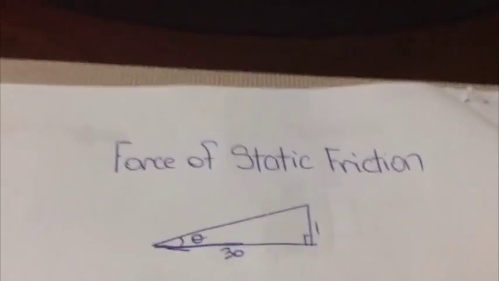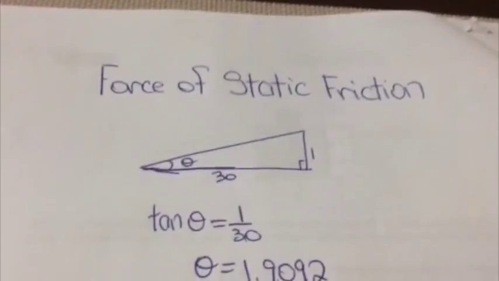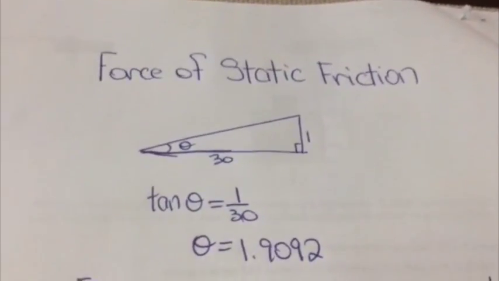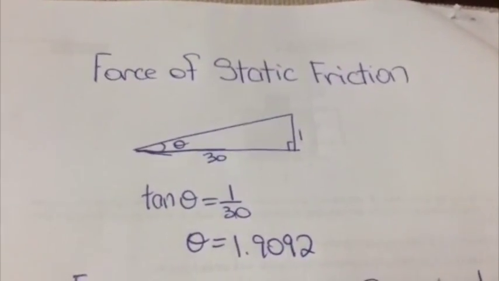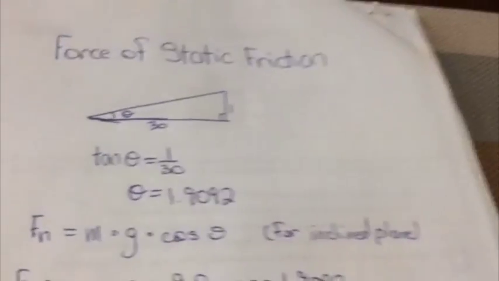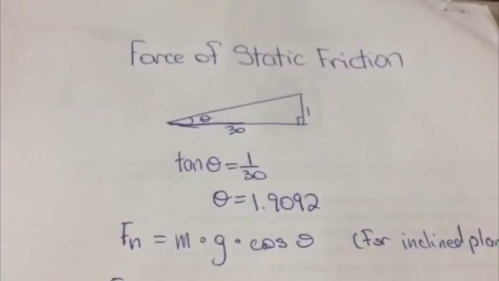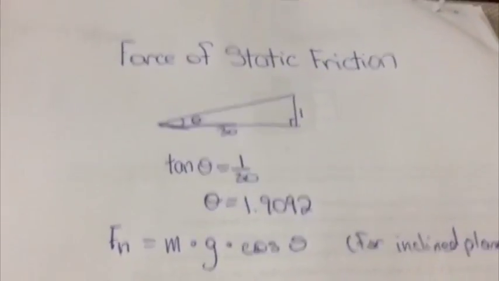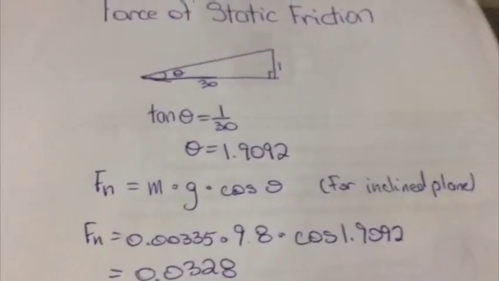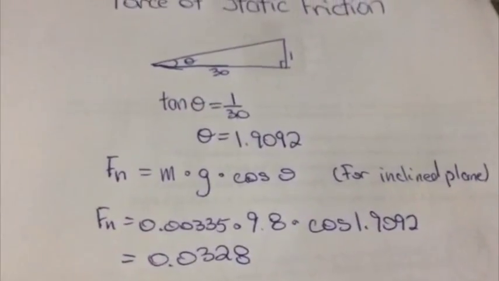So from the picture, the height of the ramp is 1 and the length is 30 centimeters. So using tan, I'm able to find theta which comes out to be 1.9092 degrees. Now I need theta because for inclined planes, the normal force formula is actually mass times gravity times cos theta. So plugging in the numbers I have, I get the normal force to be 0.0328.